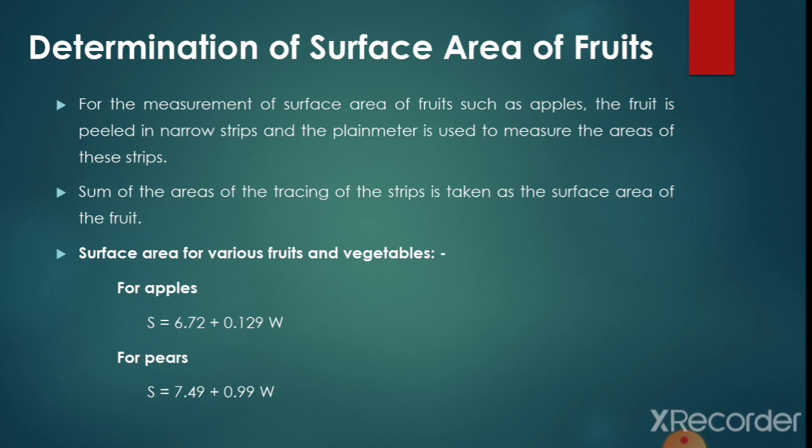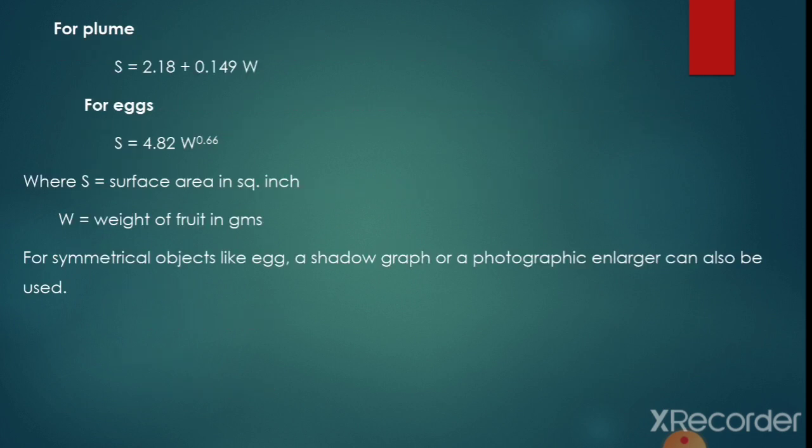For apples, S is equal to 6.72 plus 0.129 into W. For pears, S is equal to 7.49 plus 0.99 into W. For plum, S is equal to 2.18 plus 0.149 into W. For eggs, S is equal to 4.82 into W raised to 0.66.